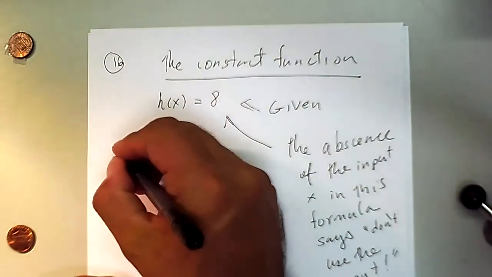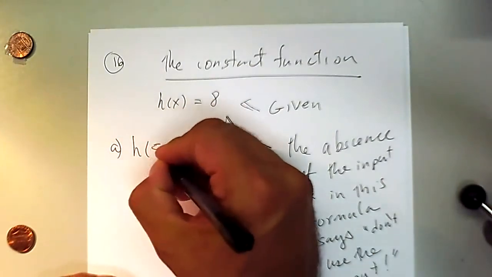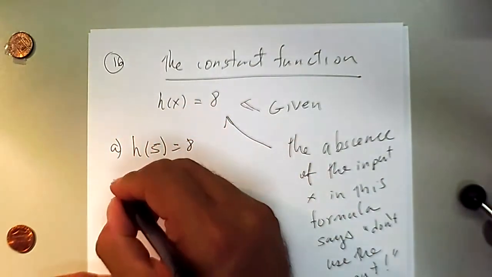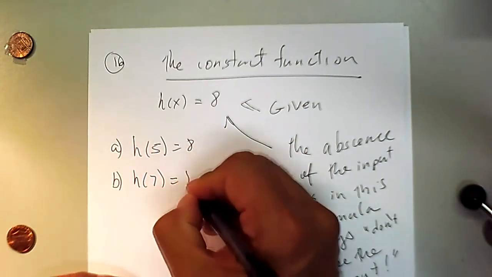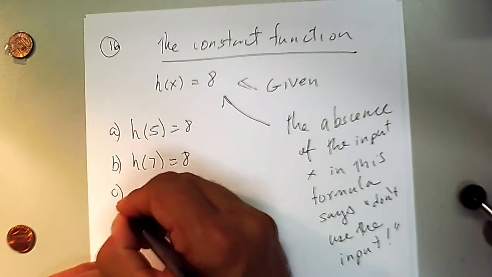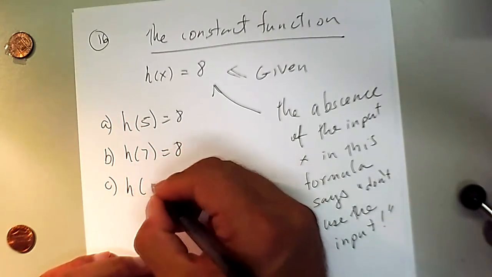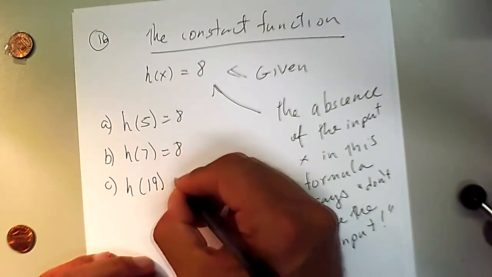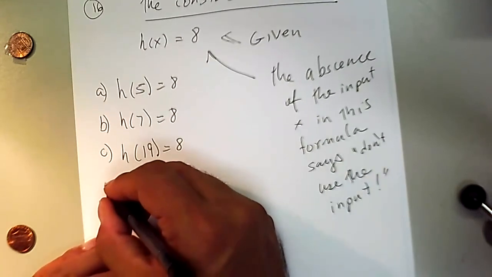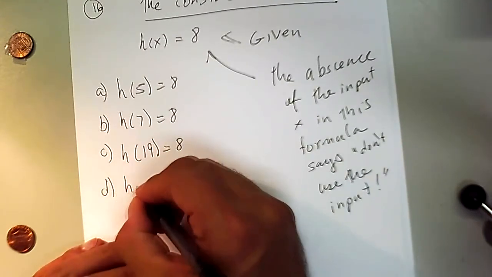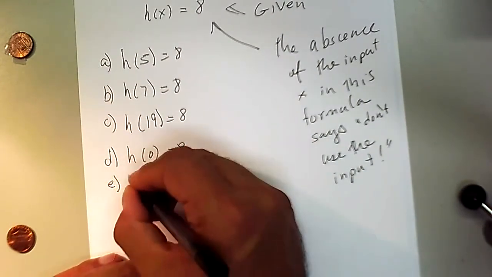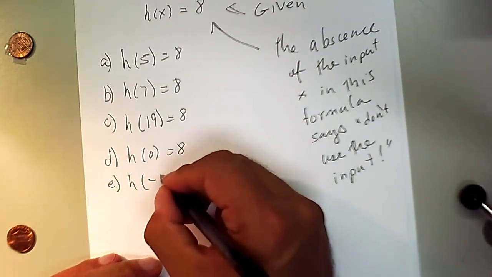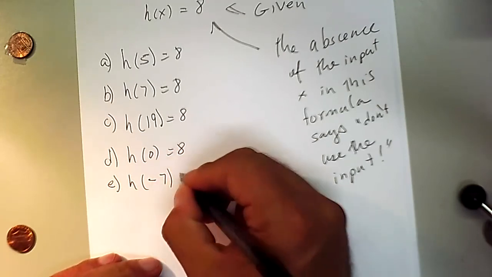So what is h of 5? 8. What is h of 7? 8. What is h of 19? 8. What is h of 0? 8. What is h of negative 7? 8.